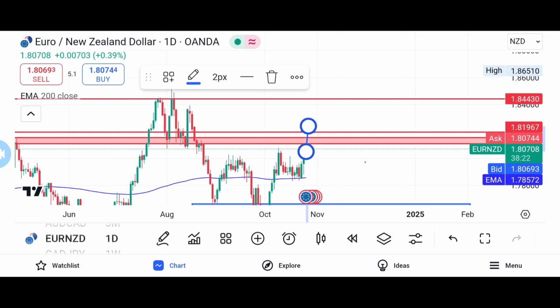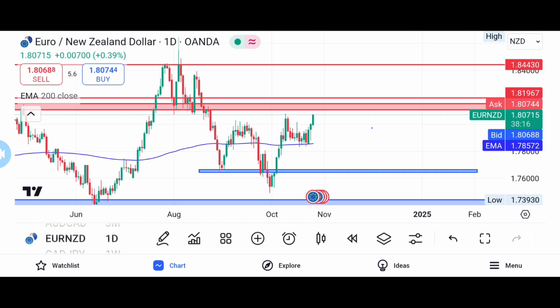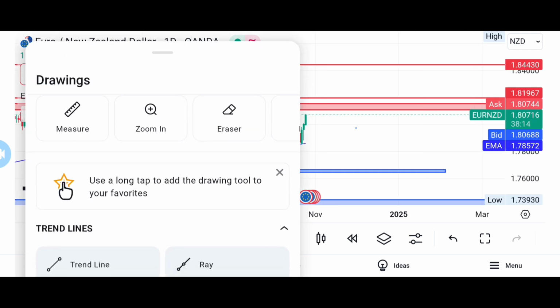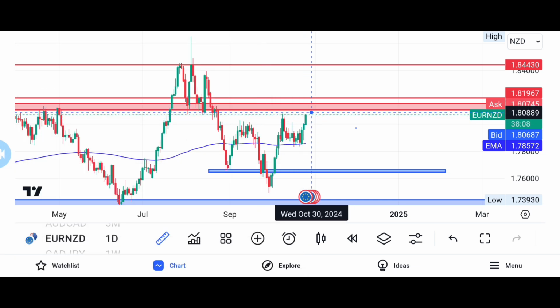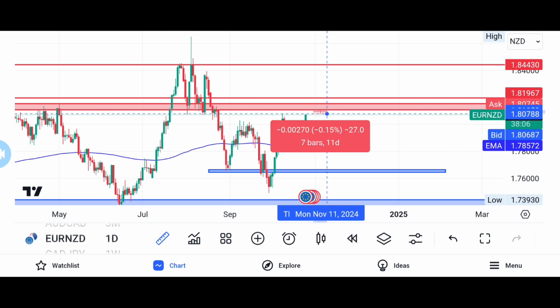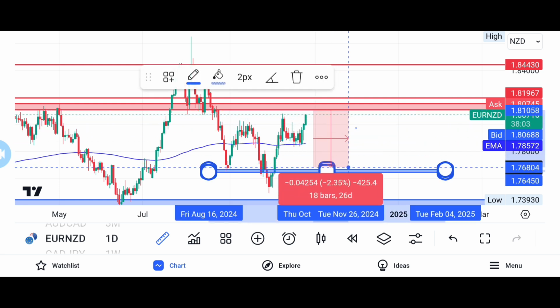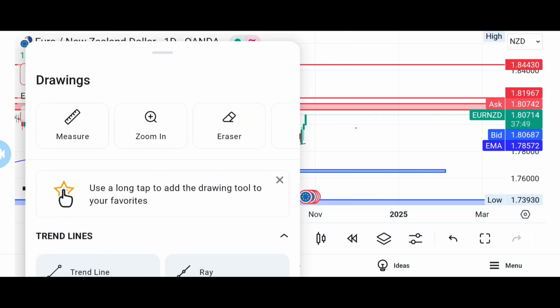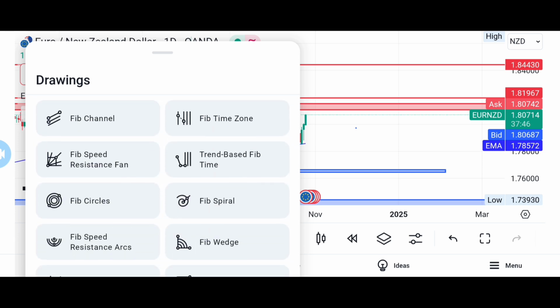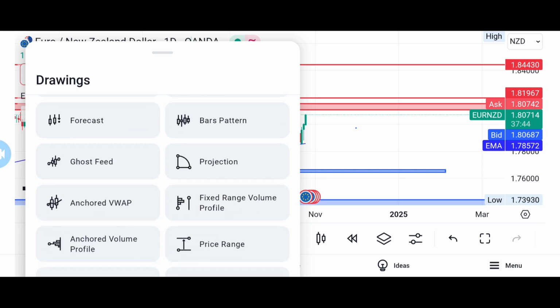But currently I can see a possibility of us milking this pair from that point to this point. Imagine, guys, around 440 pips. Imagine 440 pips. So let us keep this pair in our watch list and see if it will play out like that.